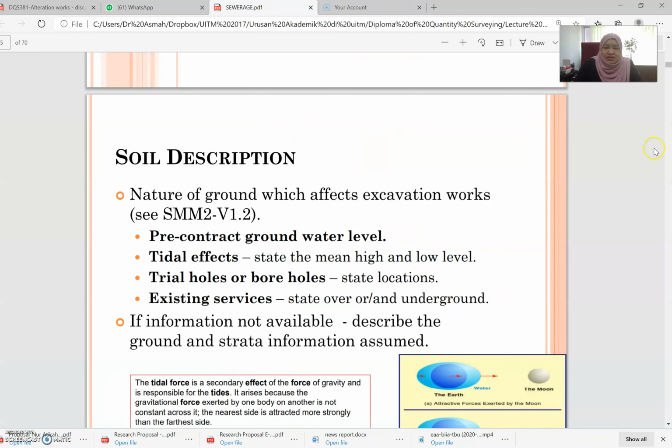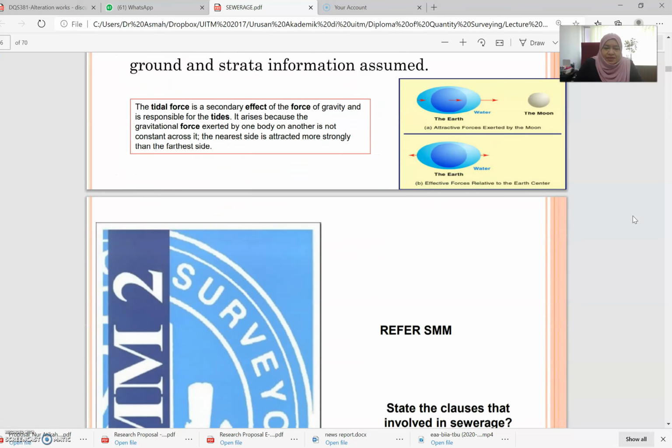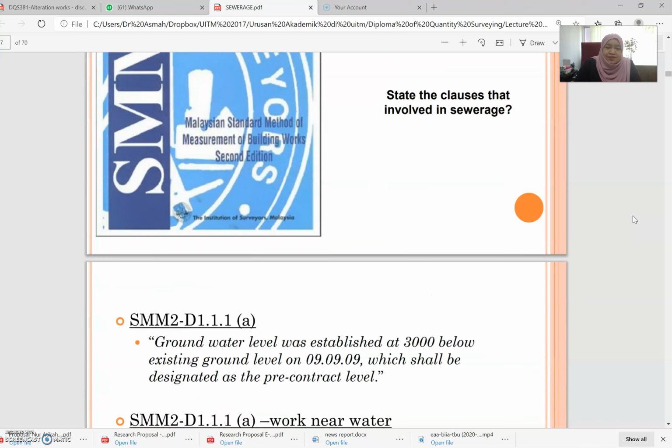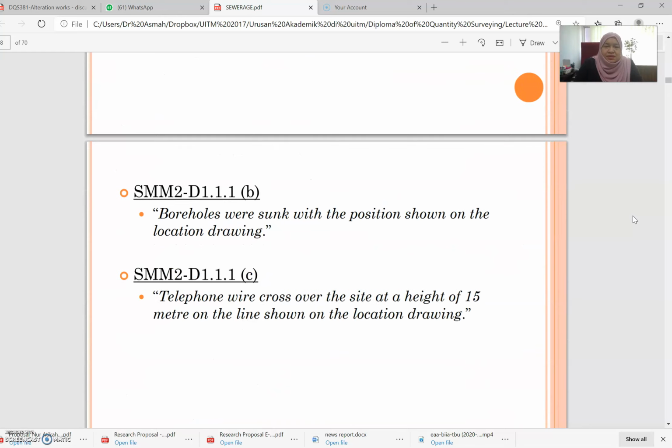For the SMM clauses that are involved in sewerage work, definitely you need to refer to section V. I'm not going to go into detail because we have learned this in surface water drainage. The same principle applies.